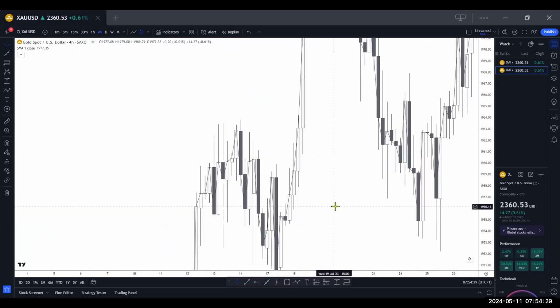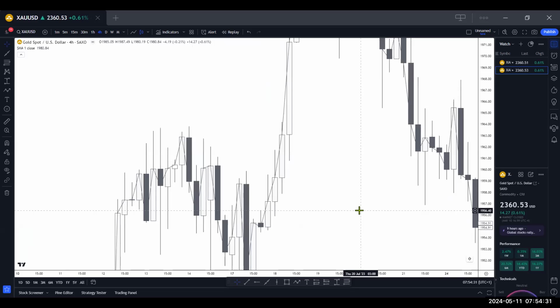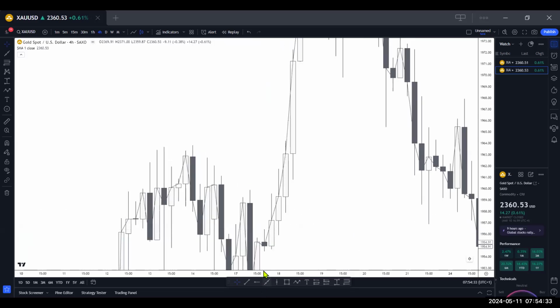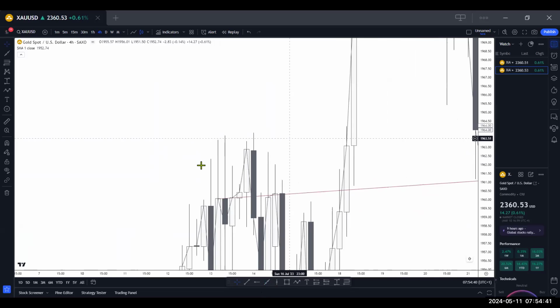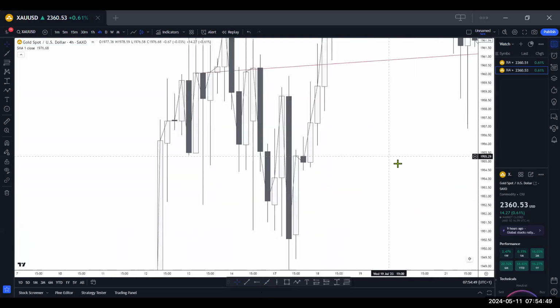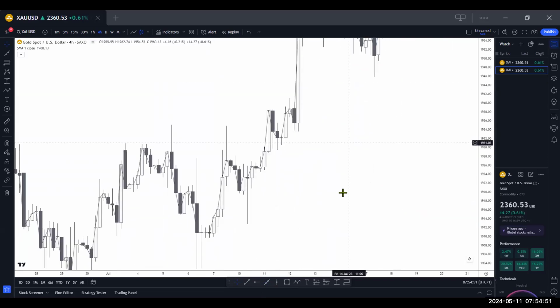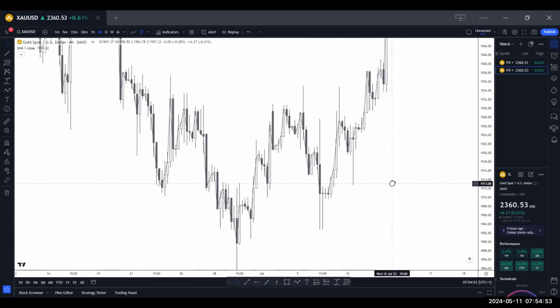Another example here. Your first touch, your second touch, oh, price skipped the target by a mile, actually. Am I tired of this? Not yet. Not yet.